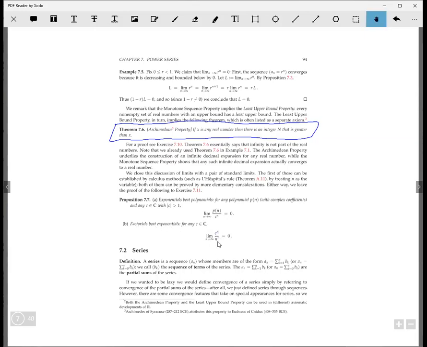So if you had c to the n over n factorial, that's going to be 0. Those are things from calculus, like calculus 2, when you're talking about sequences and series. Okay, so let's talk about series.